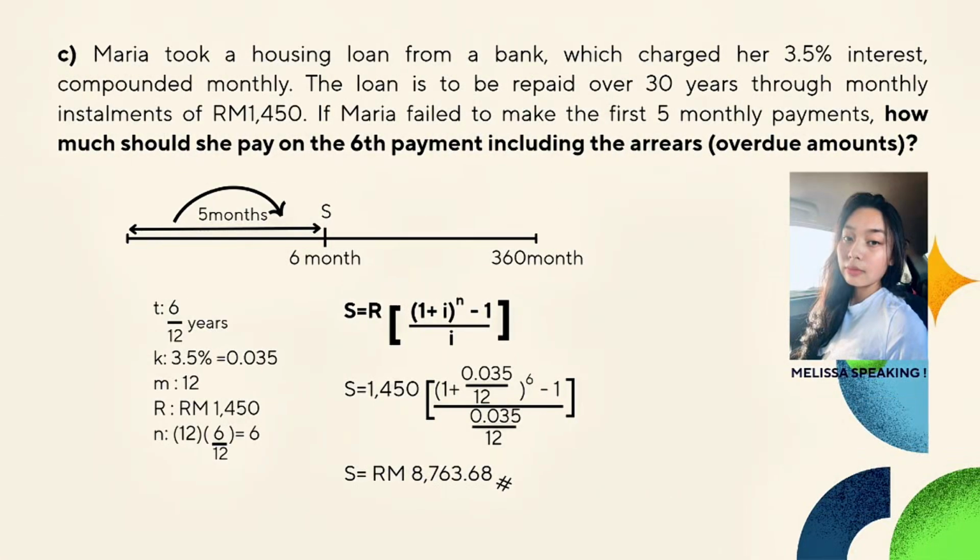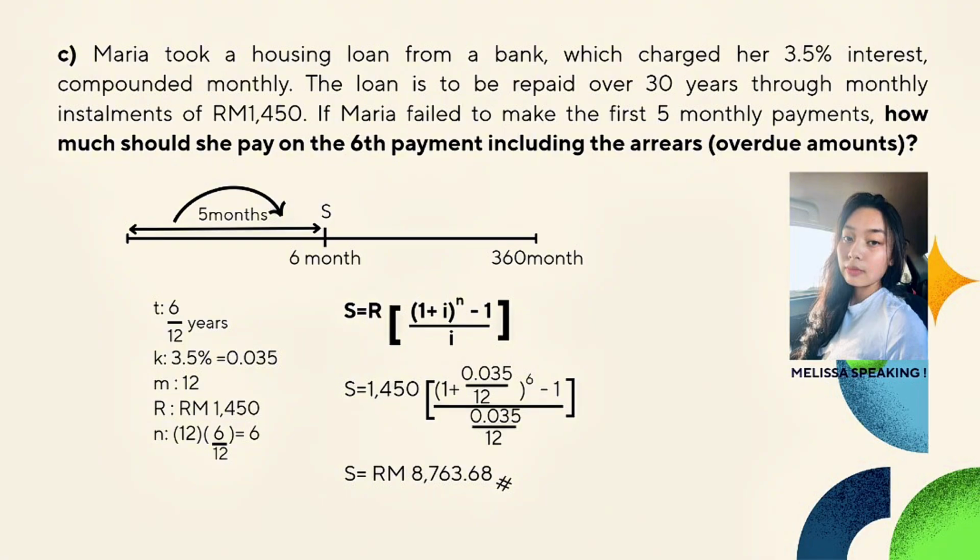Next, we'll be moving on to question 2C. The question asks us how much should Maria pay on the 6th payment including the 5 months arrears. Let's start by listing down all the information given, whereby T is equals to 30 years, but according to the question, we need to find future value S on the 6th payment including the overdue amounts.